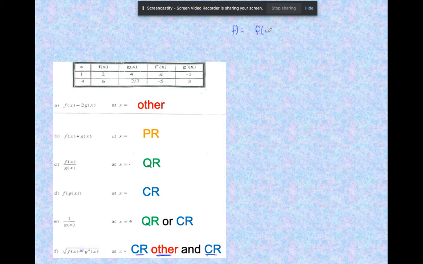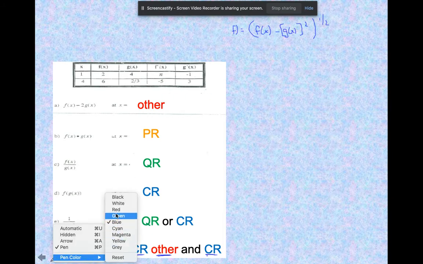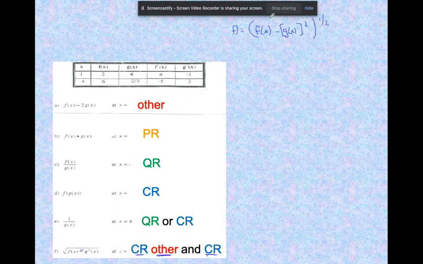This is f of x minus g of x squared all to the 1/2, for gosh sakes. So what do I have to do first? Bring this 1/2 down in front. Copy over the middle, spit out the derivative of the middle. Subtract 1 from the exponent.